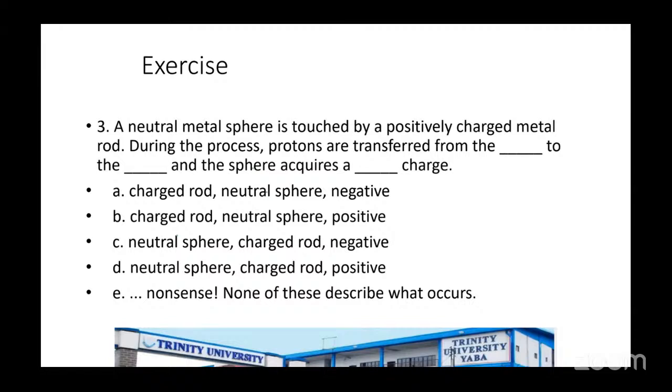Our answer here is E, because protons, like I told you, positive charges do not move. It's only negative charges that move from one point to another. So gaining electrons or losing electrons is what makes an object charged. So the statement saying protons are transferred is nonsense. So our correct answer is E.